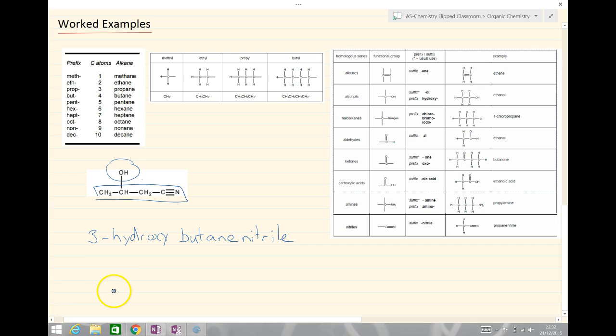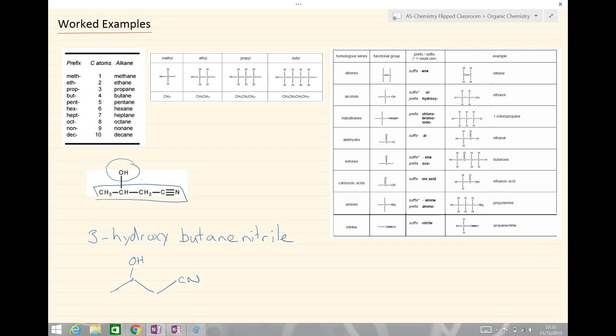And finally, the skeletal formula for 3 hydroxy butane nitrile, slightly odd looking. We have the carbon there, and the OH.